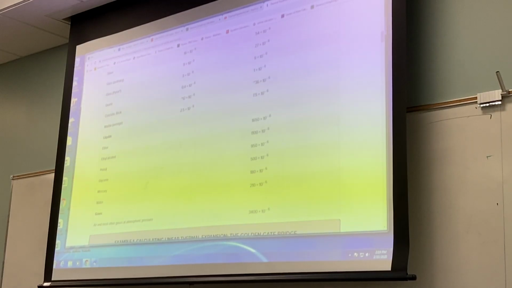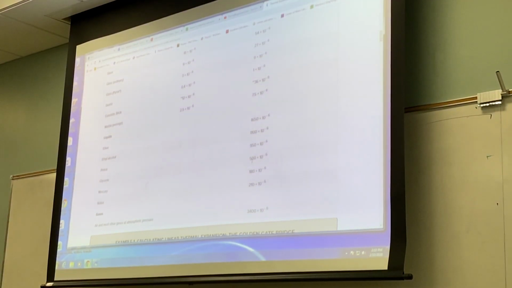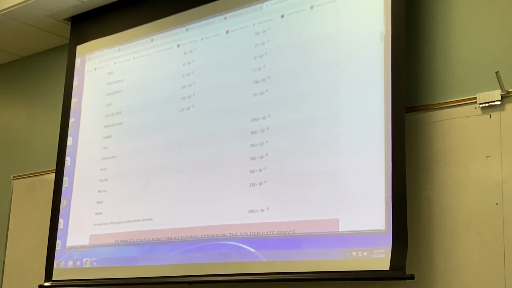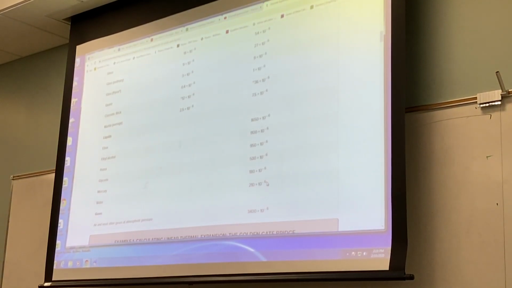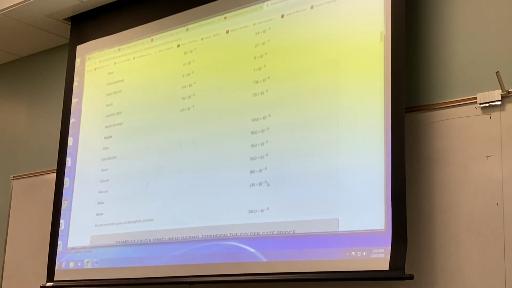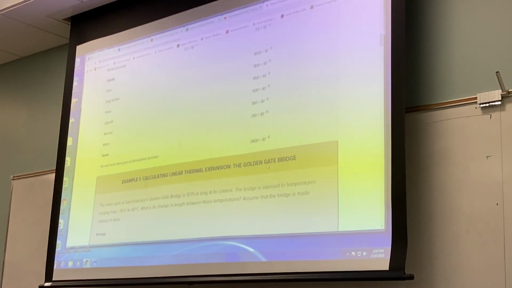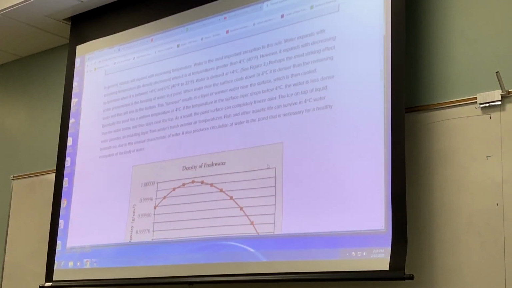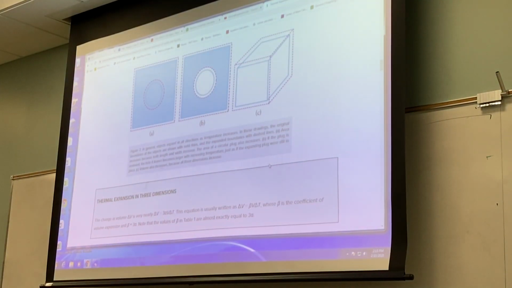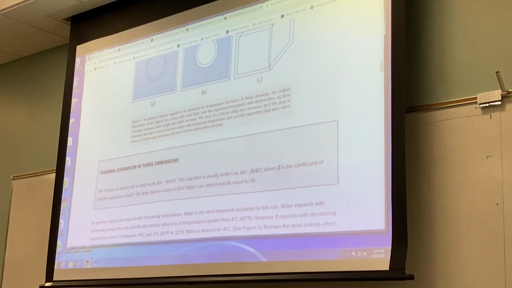So you have petroleum, 950, glycerin, mercury, water. So now if we go 210 times 10 to the minus 6, is that the same as the alpha V of water? Actually, in one of the previous ones, okay, here. They're actually focusing on water right here.